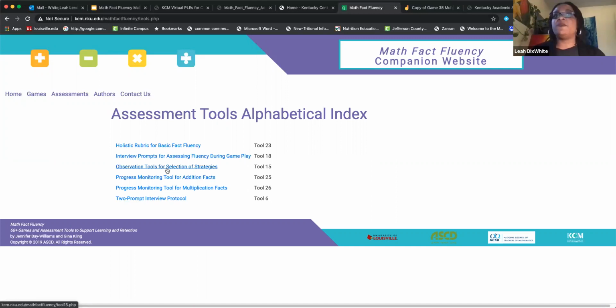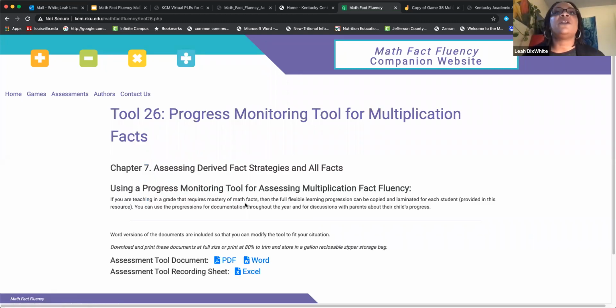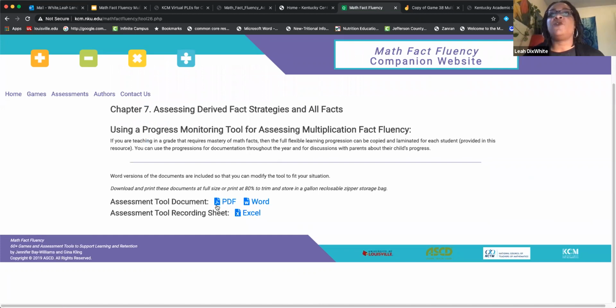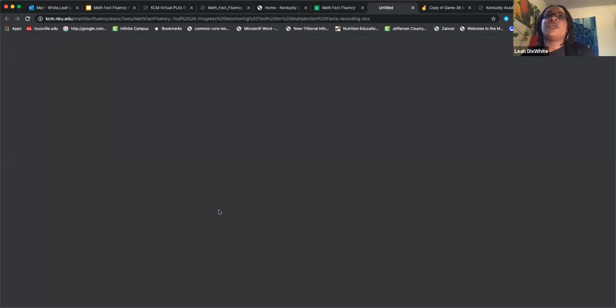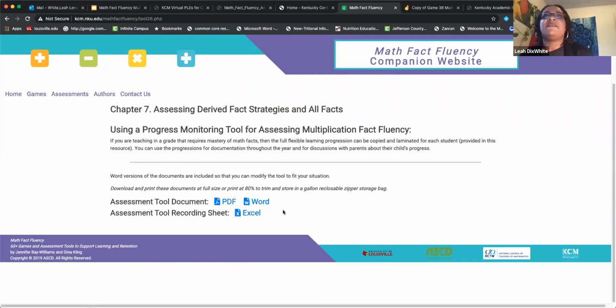They are also from the text that you could use when administering or playing games. And so I wanted to share those with you. You can either download the PDF or Word file, or download the file directly onto your computer, and then you can access the tools that way.